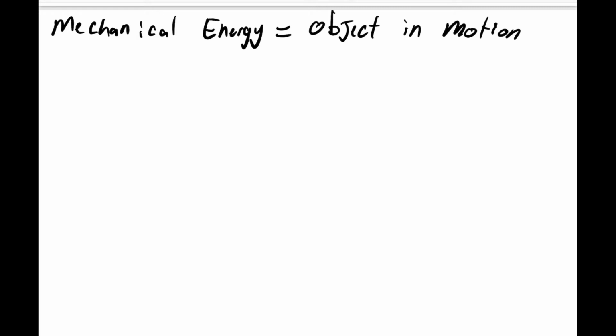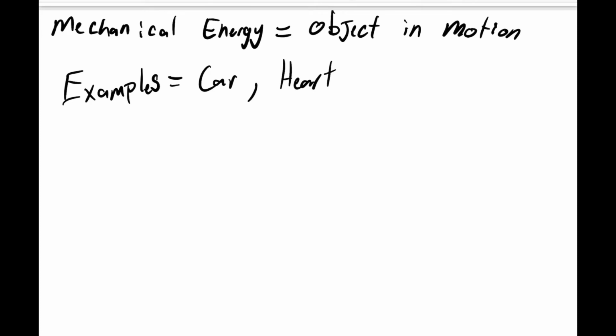Almost every transition will often have motion in some way involved. Okay, examples. Just think of anything that's moving, so let's say a car or your heart. Just anything that's in motion is an example.